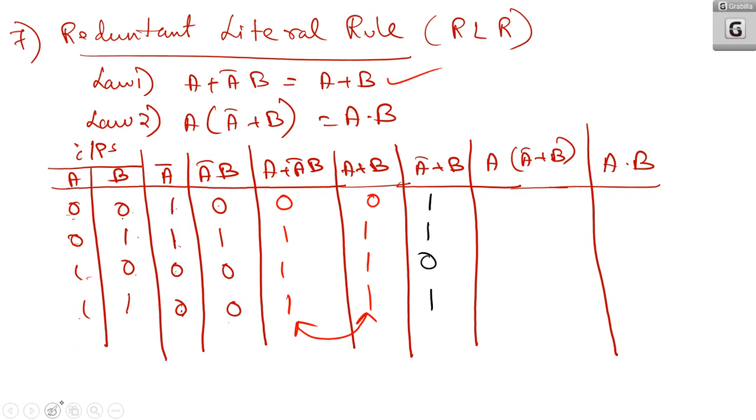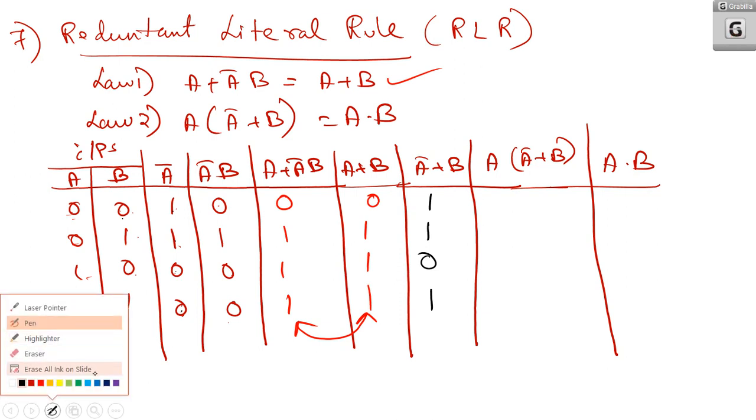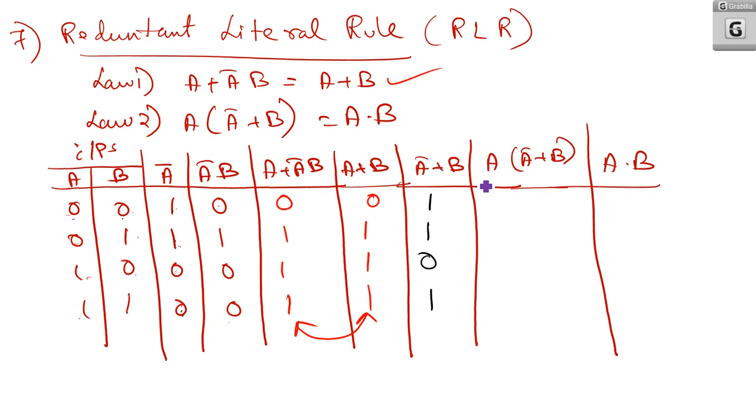Next I will write A and A bar or B. So it is 0 and 1, which is 0. 0 and 1 is 0. 1 and 0 is 0. 1 and 1 is 1. Now we will get A and B. 0 and 0 is 0. 0 and 1.